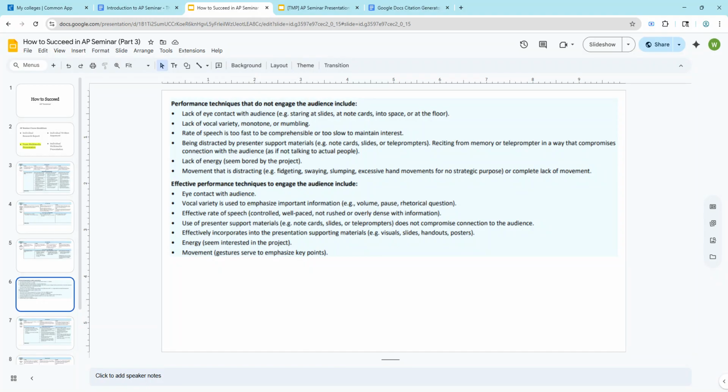Use of presenter support materials, note cards, slides, or teleprompters does not compromise connection to the audience. Effectively incorporates into the presentation supporting materials: visuals, slides, handouts, posters. Energy is present. You seem interested in the project. And then movement: gestures serve to emphasize key points.